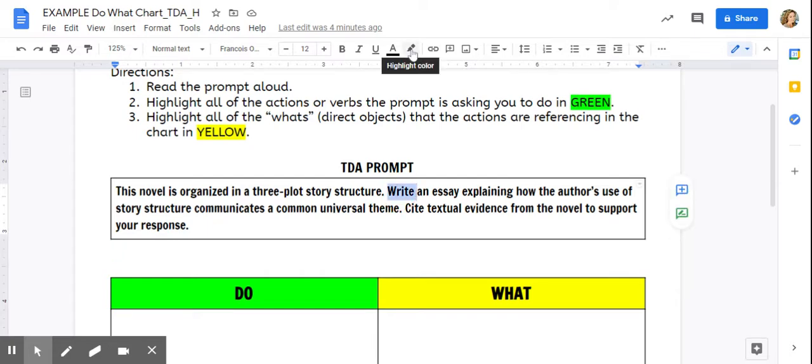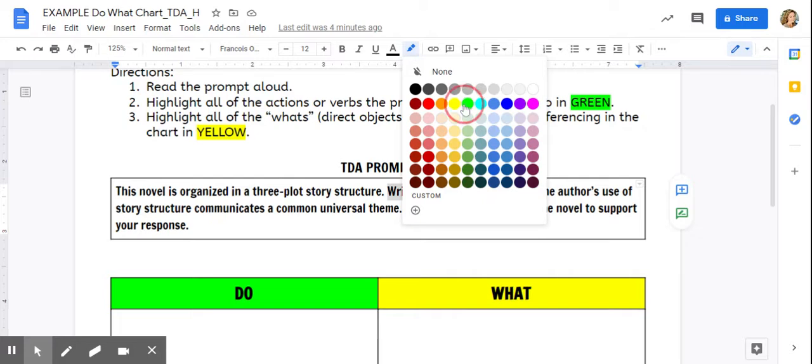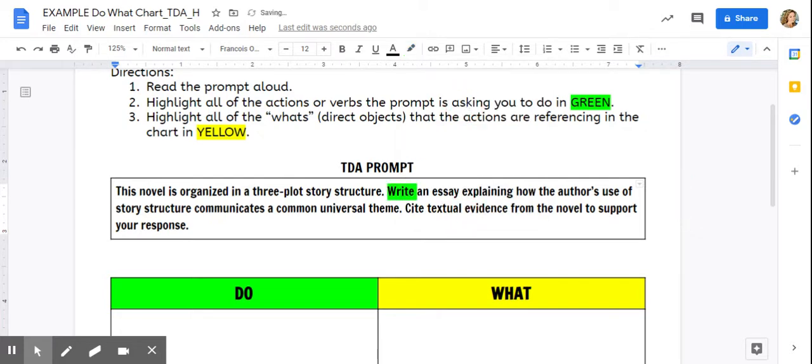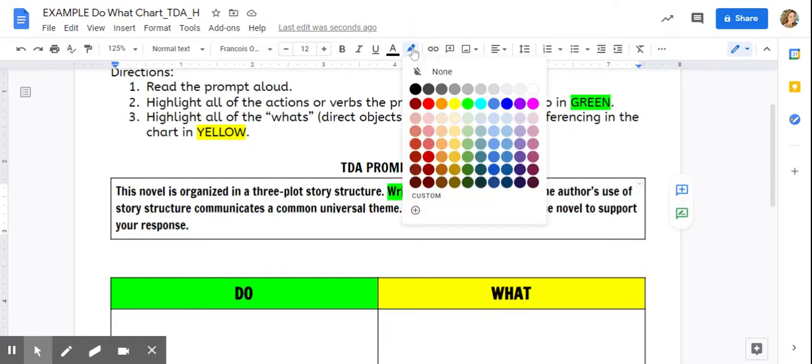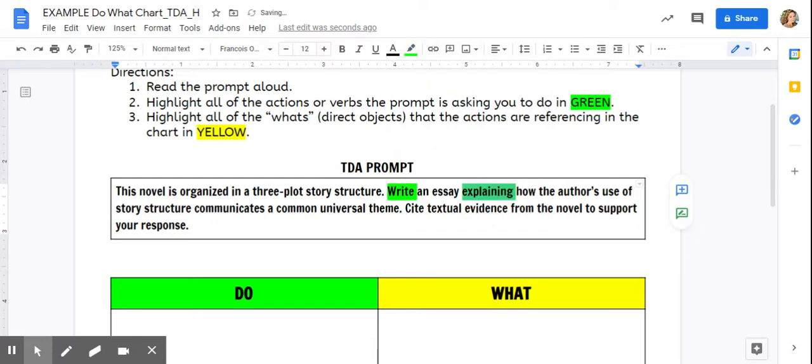That's something that you're going to have to do. So we're going to highlight that word in that bright green. Write an essay explaining. So to explain something is definitely a verb. That's something that you'll have to do in your essay. Those are the only two verbs that you're going to have to actually do something with in that second sentence.